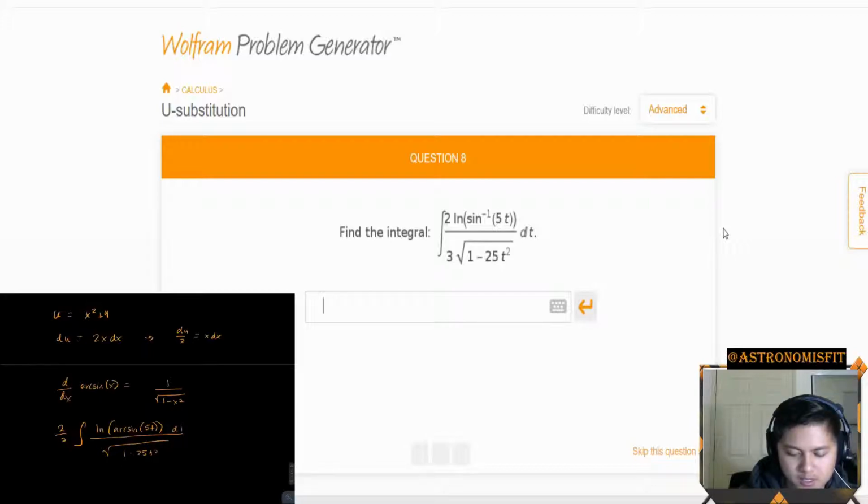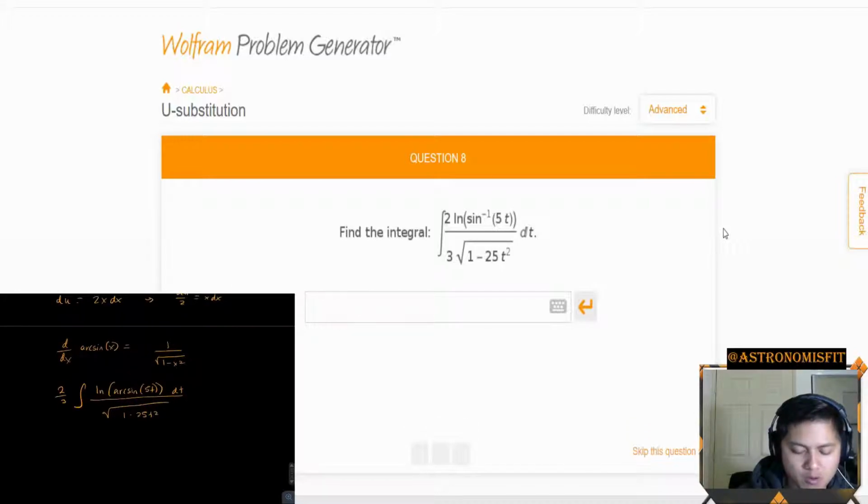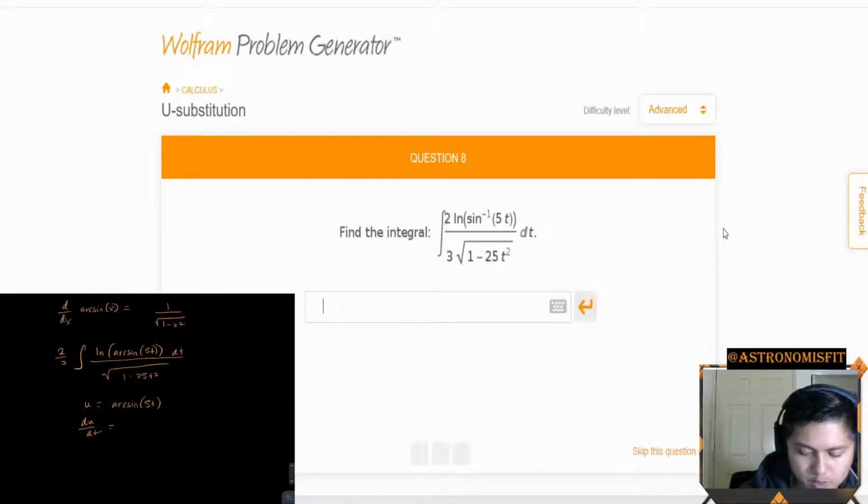I should probably see this one a little bit more quickly. But if I know this relationship here, that means we should probably let u equal arc sine 5t, which means du/dt is equal to 1 over the square root of 1 minus 5t squared, which is what's in the denominator there.